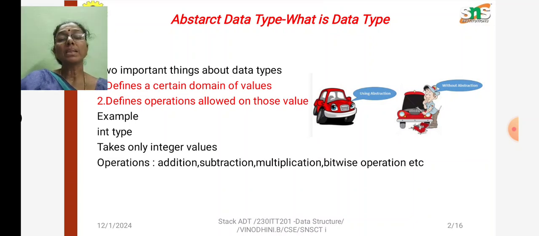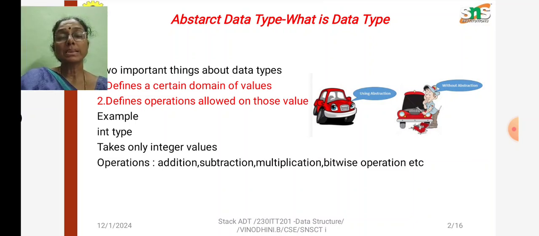For example, consider integer as an abstract data type. When you declare a variable as an integer, there is the information that the variable can hold, which is its value, and also the operations that the variable can perform. Those are the two things held by the corresponding variable, and that is called an abstract.